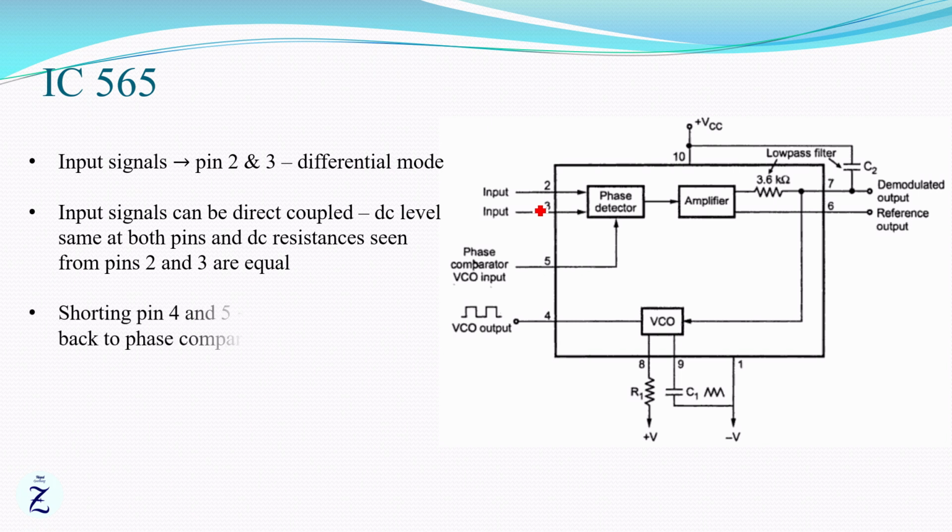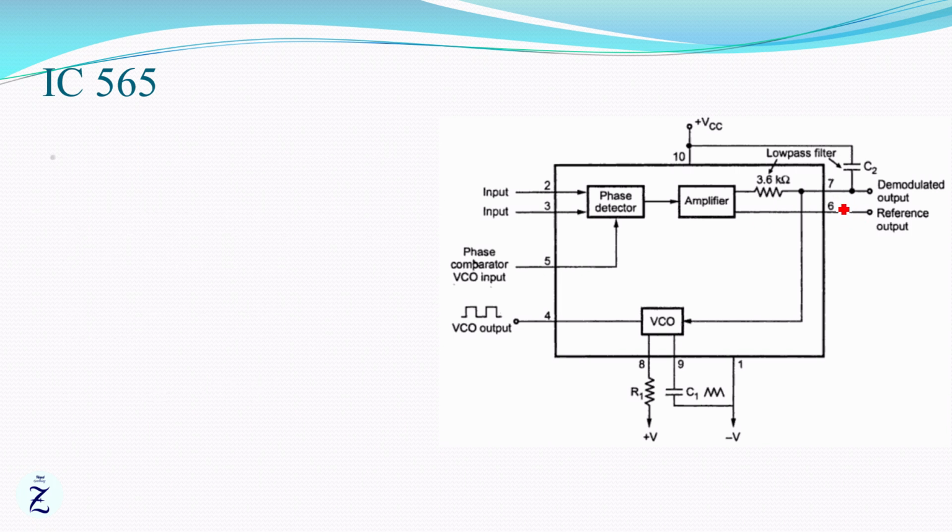By shorting pins 4 and 5, output of VCO can be applied back to the phase detector or comparator. The output of this phase comparator is connected to this amplifier, and the output of this amplifier will be available at pin numbers 6 and 7.